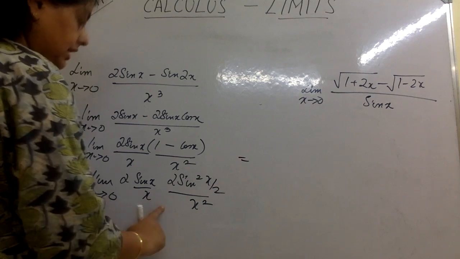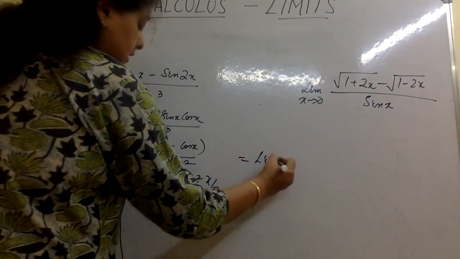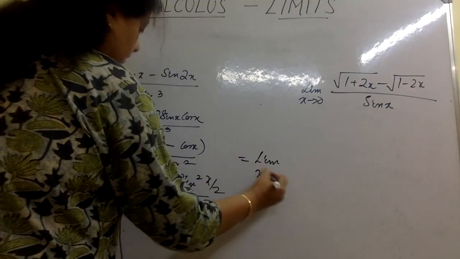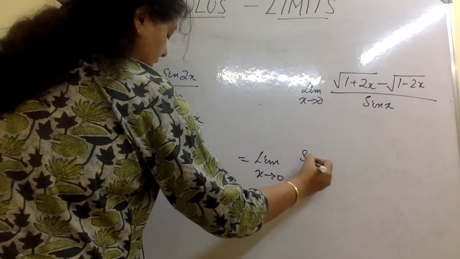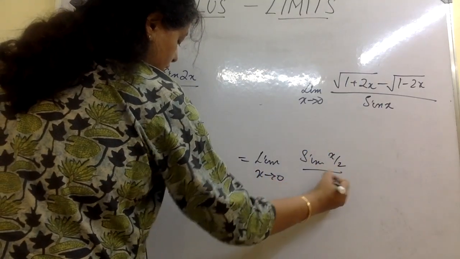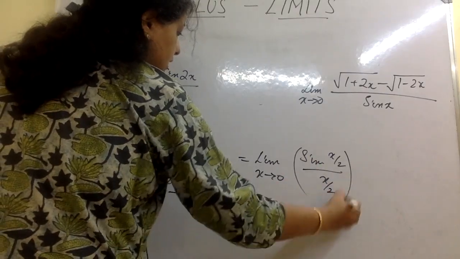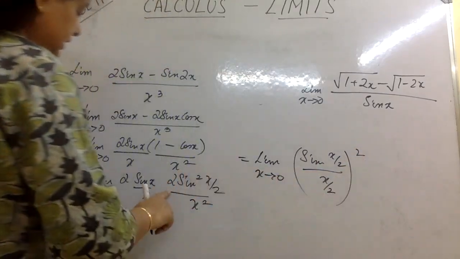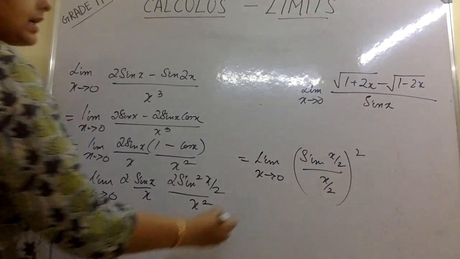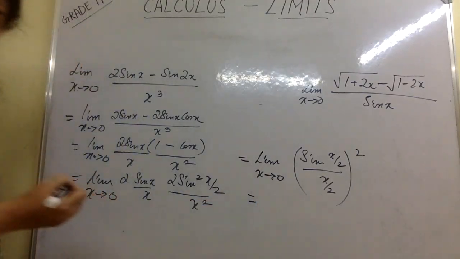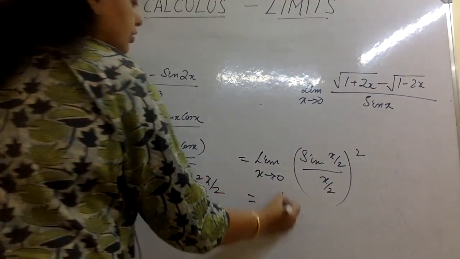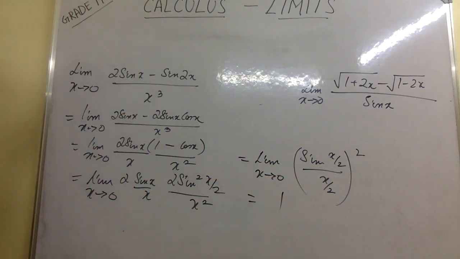So assuming I have done limits here, now limits, okay, x tends to 0, sin x by 2, here again x by 2 and the full thing square. Now this 4 is coming from these two, okay, and that is equal to 1. So my final answer is a 1.